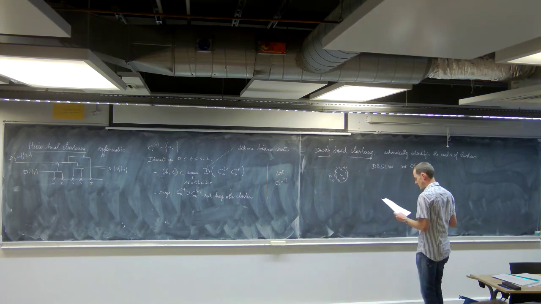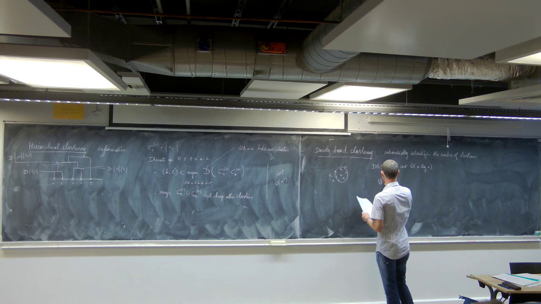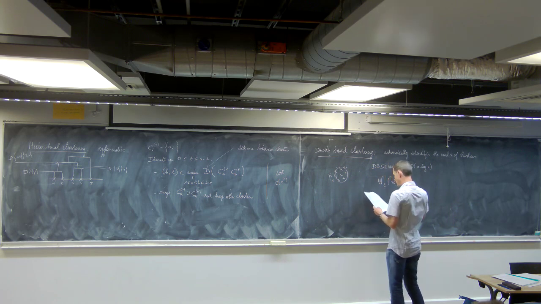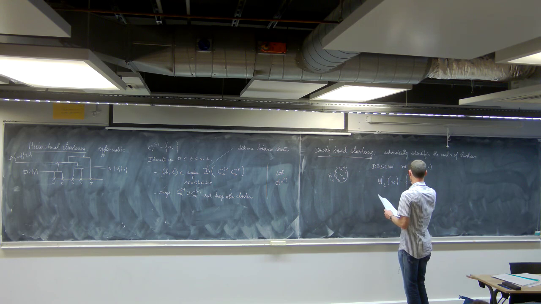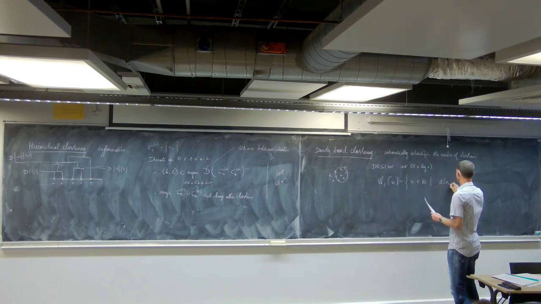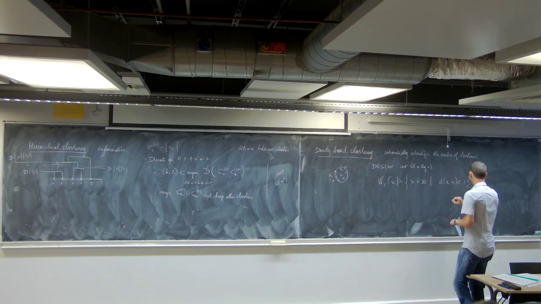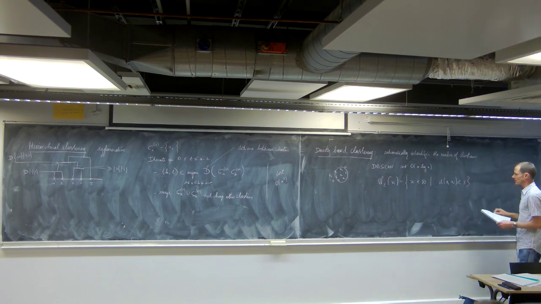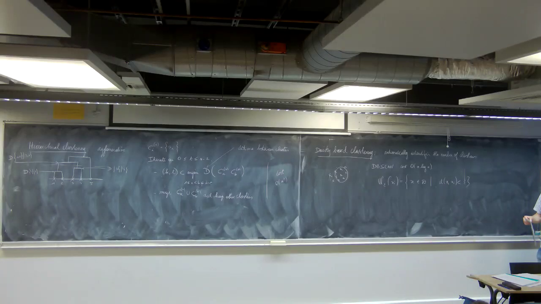DBSCAN is a bit better here, and it relies on something called an epsilon neighborhood of a data point, which is all the points in your data set at a distance smaller than epsilon from the current data point, say some Euclidean distance smaller than epsilon. That's the first parameter of the method: what's small enough for you to consider that you have a core point, with a lot of neighbors around you.